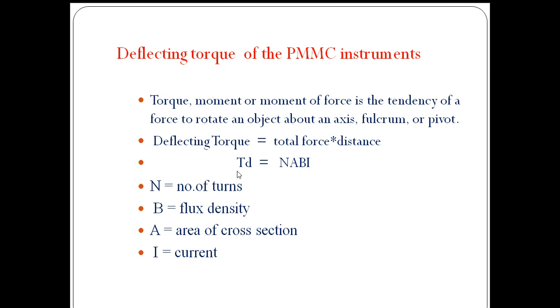So the obtained expression for deflecting torque TD is equal to NABI, where N is the number of turns, B is the flux density, A is the area of cross section, and I represents the current flowing through the coil.